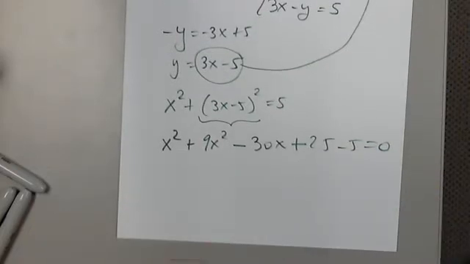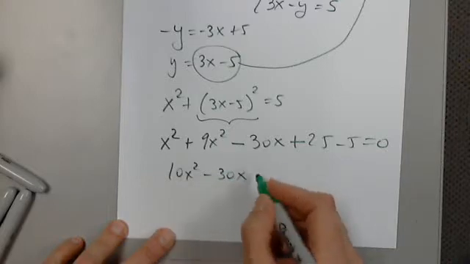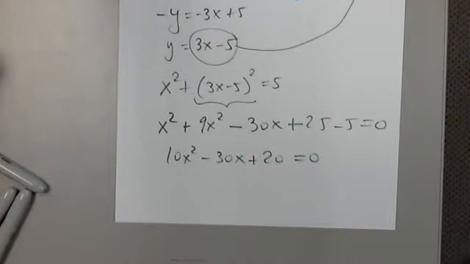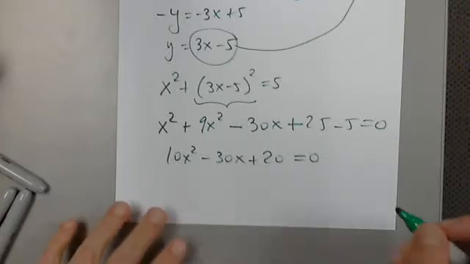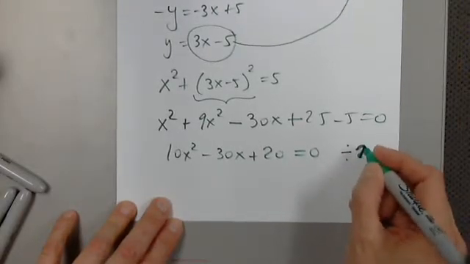Let's combine like terms now. 10x squared minus 30x. You know exactly what we need to do. If you don't remember much from this class, but you remember factor and simplify, you will be comfortable with algebra. What would you recommend? Divide everything by?